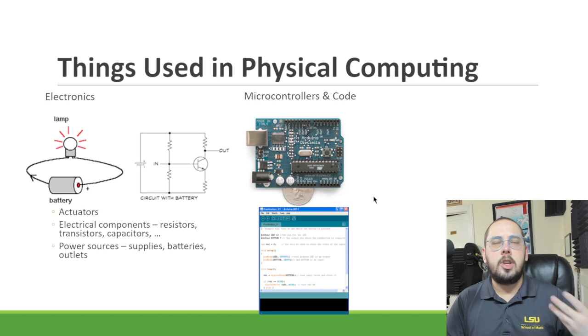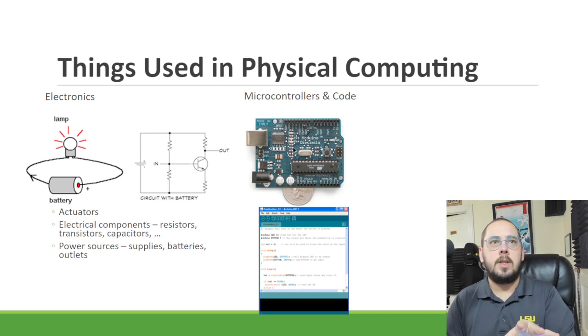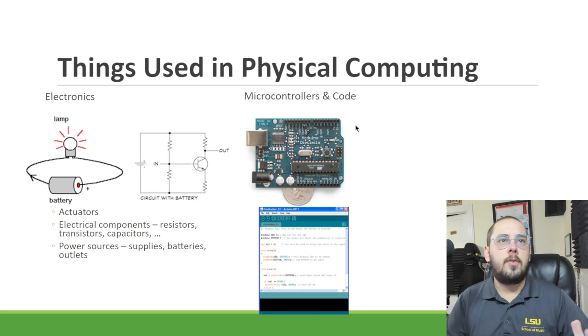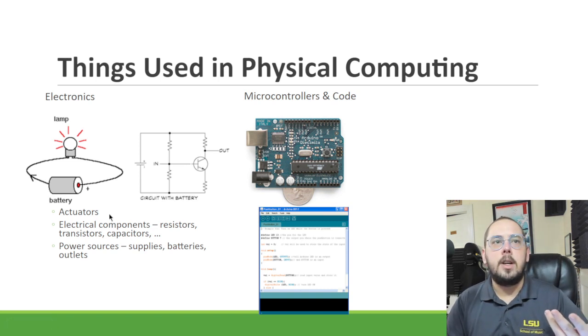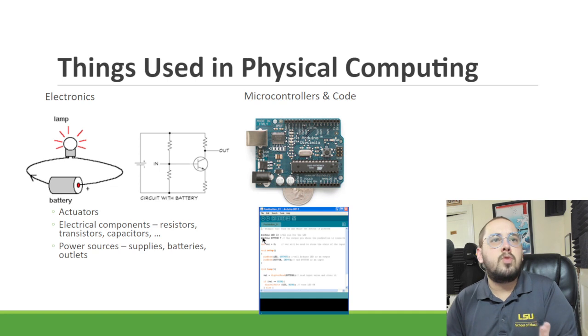So there's generally kind of two sections to it, the physical and the computing. So the physical things, we have actuators, stuff that does something. Resistors are going to be your best friend in this class. Transistors, capacitors, it ultimately depends on what you're going to be building in your sections.